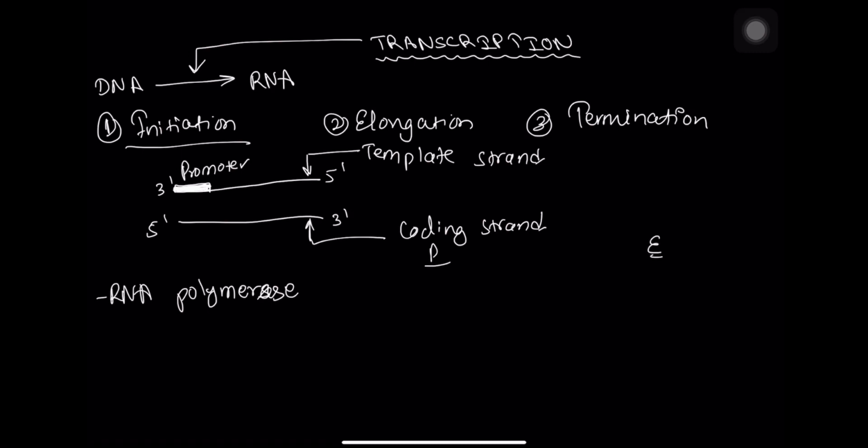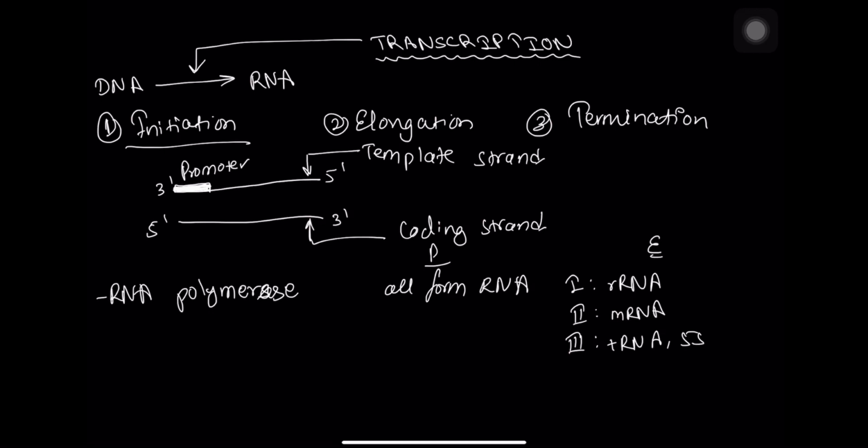In prokaryotic cells, there is only one RNA polymerase enzyme which can synthesize all forms of RNA. But in eukaryotic cells, there are three different types of RNA polymerase. RNA polymerase type 1 will make rRNA, RNA polymerase type 2 will make mRNA, and RNA polymerase 3 will make tRNA and 5S rRNA.